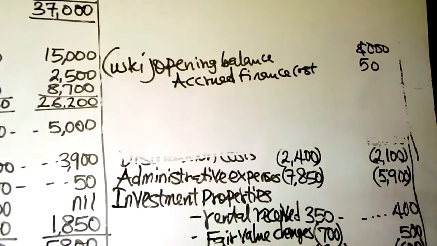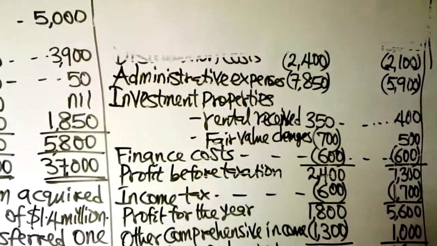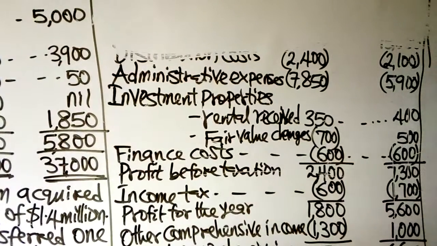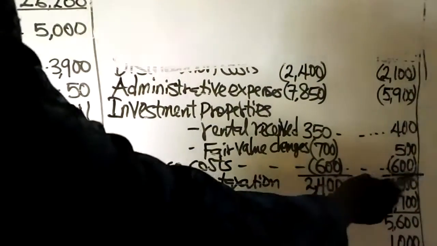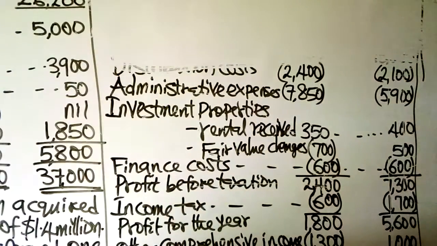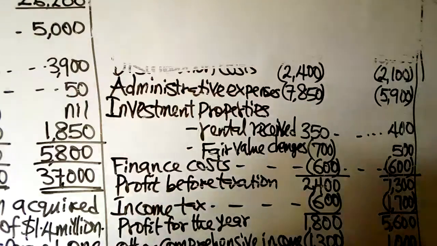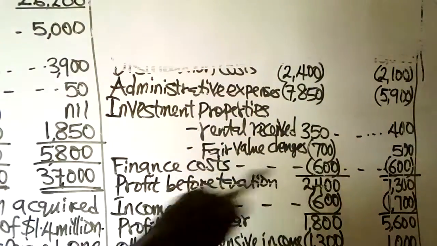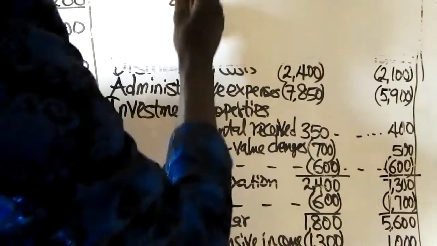Then if you go through your statement of profit or loss, you have finance cost of 600. I've told you that you don't need the comparative figure. The one you need is that of the current period, which is 600.